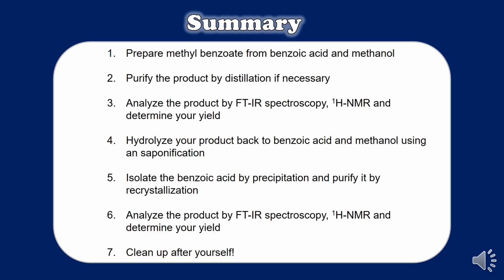So this week in pairs, you'll be preparing methyl benzoate from benzoic acid and methanol. You'll then analyze that product by IR and NMR spectroscopy to determine purity and identity, and you'll get a yield. You'll then immediately hydrolyze your product back to benzoic acid and methanol using a saponification reaction.